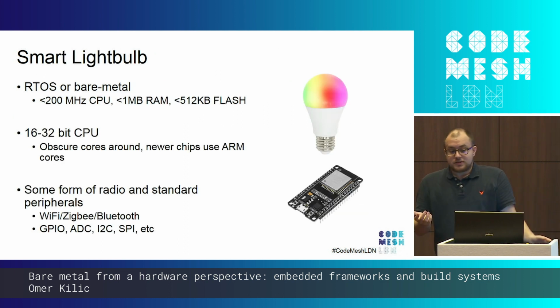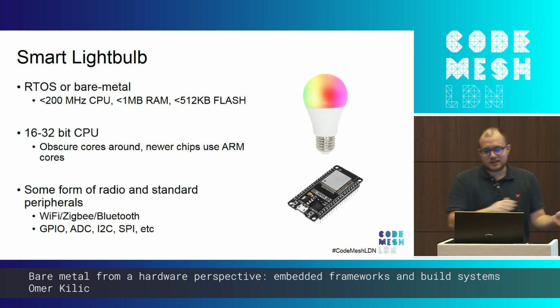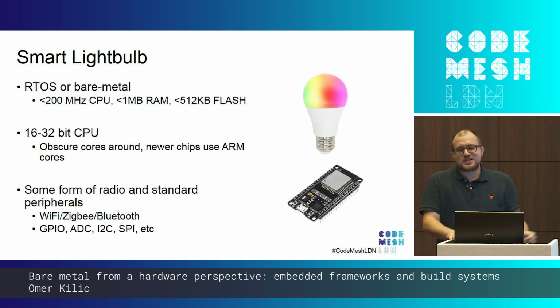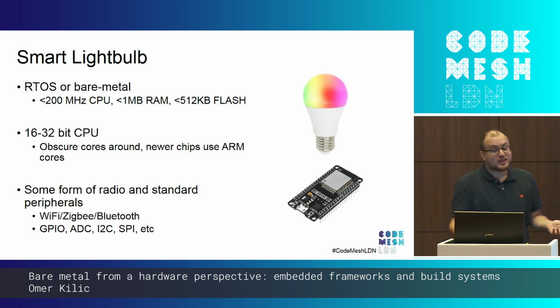So the second category of devices I want to talk about is small-ish things, but not necessarily the smallest things. An example would be a smart light bulb, right? Generally, you're not going to run Linux in these, although there are some smart light bulbs that actually run Linux, which is hilarious. But ultimately, these devices generally have a couple hundred megahertz of CPU, very little RAM, very little flash.